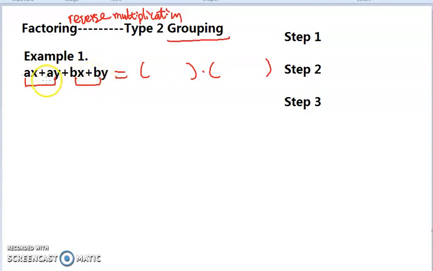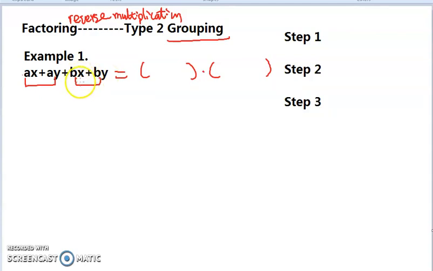The first and third both have X's, but the other two don't. The second and the last both have Y's, but the other two don't. So we cannot find a number or a letter that goes into all of them, which means we cannot find a GCF except 1, and we're not going to factor out 1.